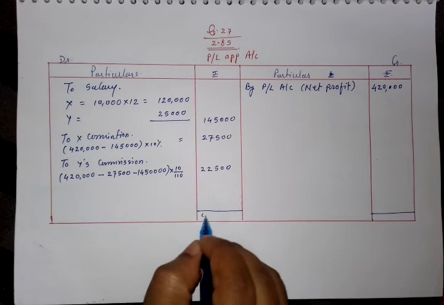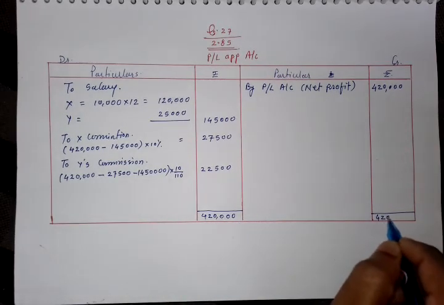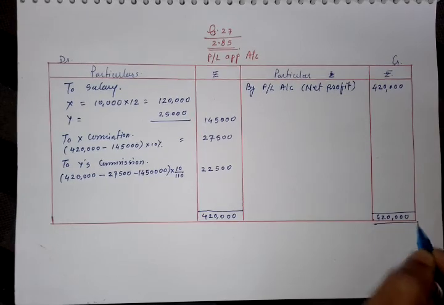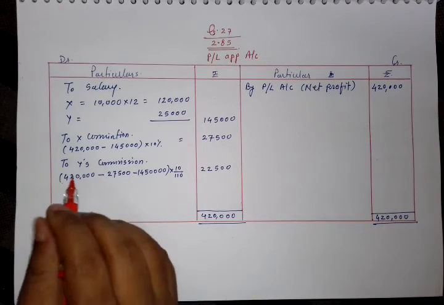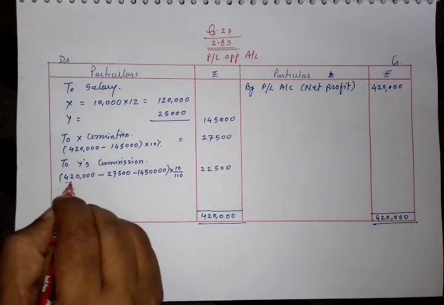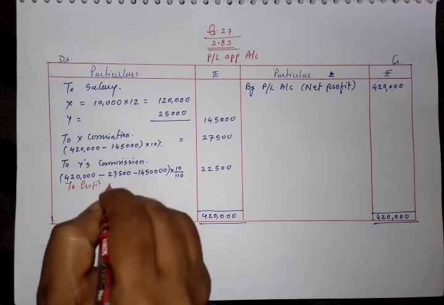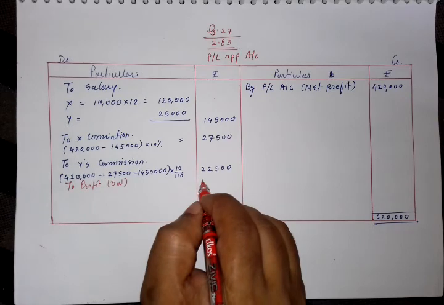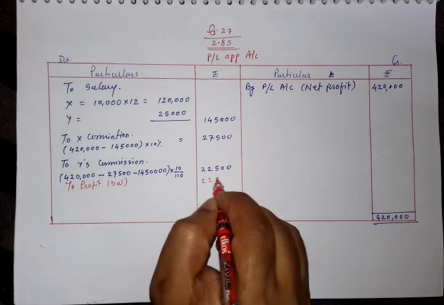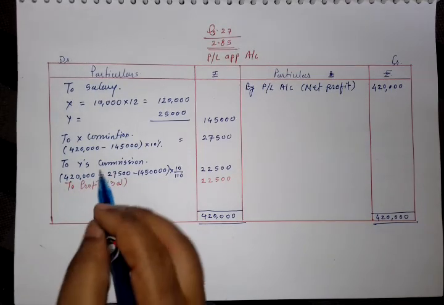And the total is 4,20,000. Here also 4,20,000. So it means the balance here, how much balance will we have to profit? It is a balance figure. It is also 2,25,000 and it will be distributed between X and Y equally.